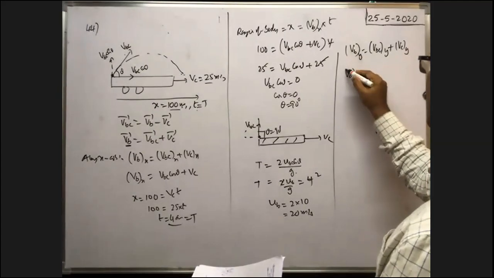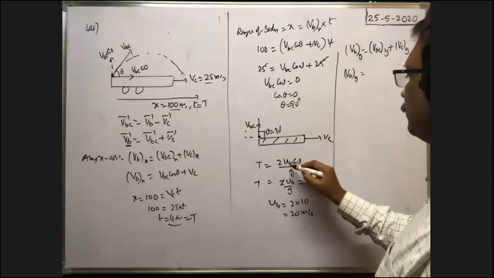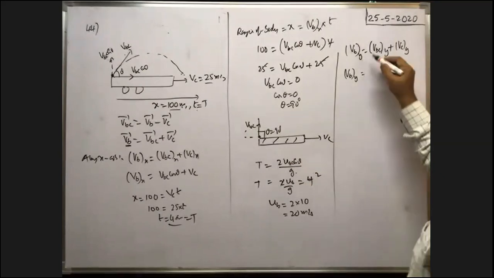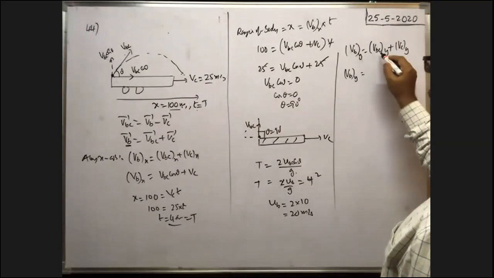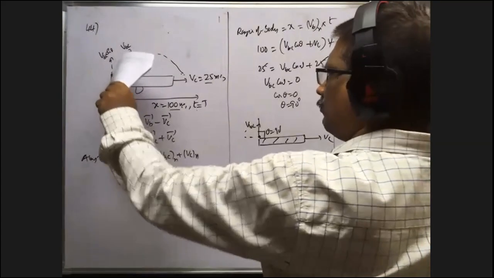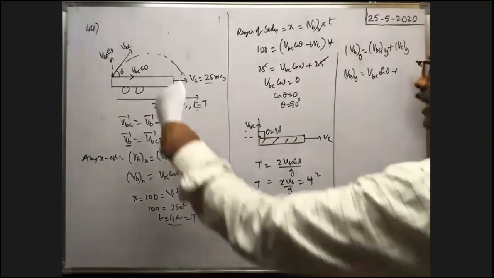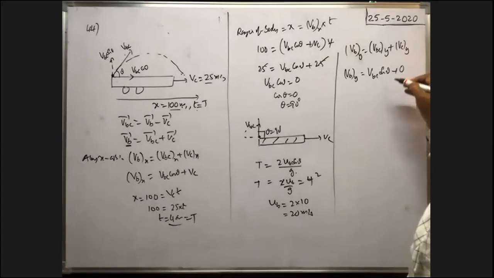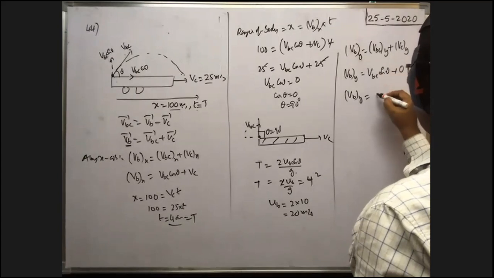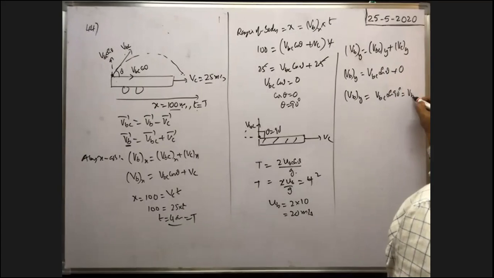The component of VBC along y-axis is VBC sin theta, plus velocity of the car along y-axis, which is 0 as the car travels along the horizontal direction. Therefore velocity of the body along y-axis is equal to velocity of the body with respect to car into sin 90, which is 1.